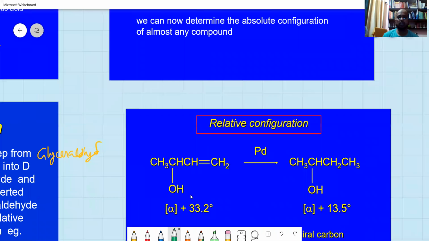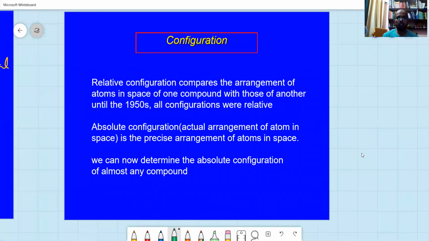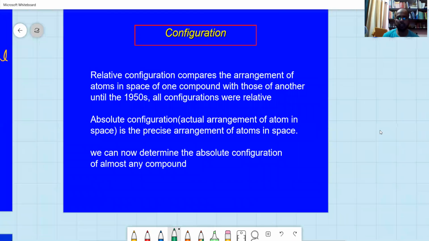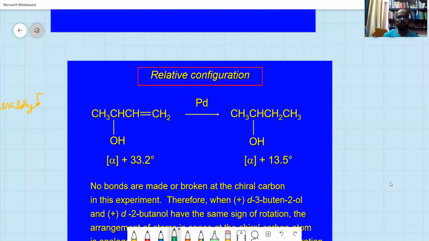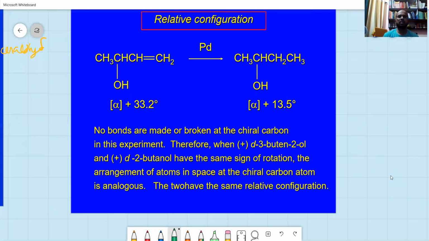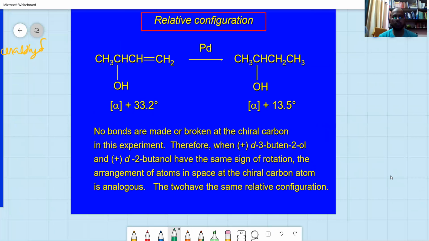So I'm going to just read out the definition of that. Relative configuration is what you see. This is a method. Palladium is used here. Why do you use palladium? What you have done is converted this double bond into a single bond.